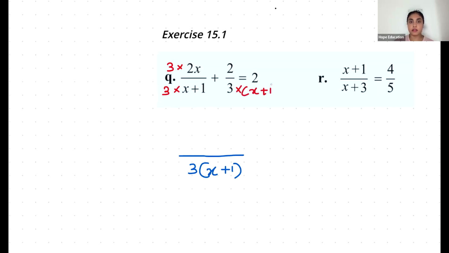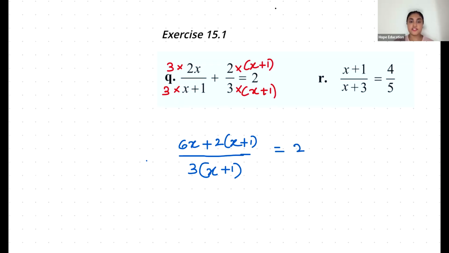And I will multiply the numerator also by x plus 1. Then we have here 3 times 2x is 6x, plus here 2 multiplied by x plus 1. On the right hand side, we just have 2, right? We just have 2, yes.